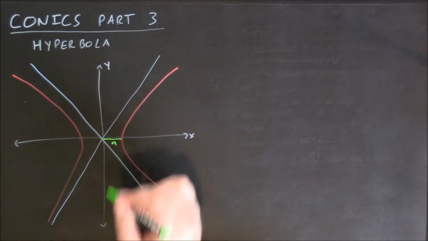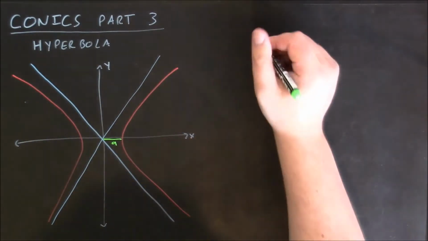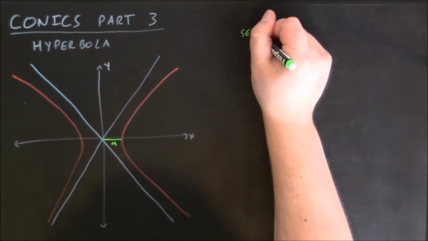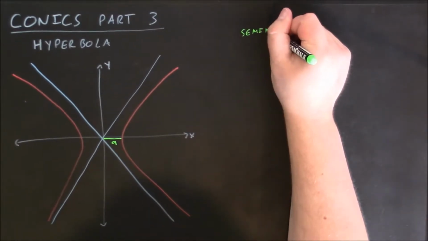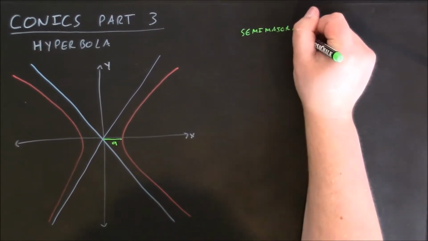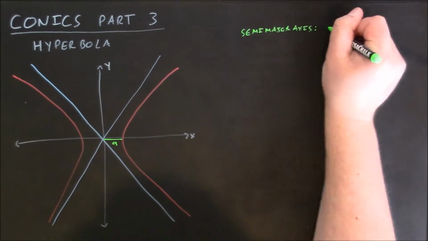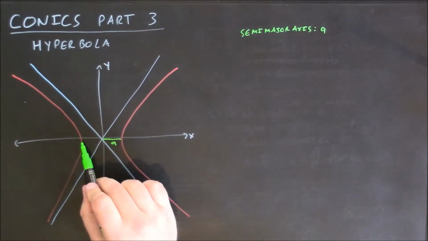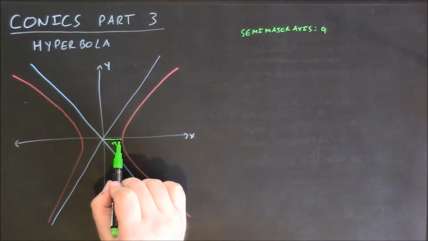First, let's start with this line right here. Let's call it A. Now we call A the semi-major axis, with the major axis being the closest distance between these two curves of the hyperbola.